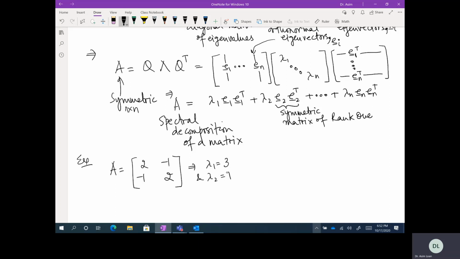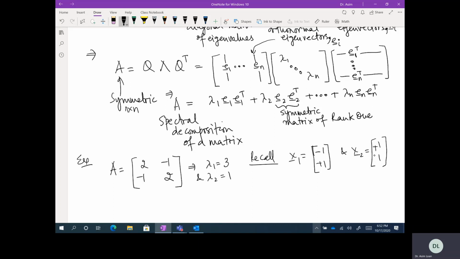Determinant of this one is 3. And what were the eigenvectors? Recall x1 was 1 minus 1, and x2 was 1 1.